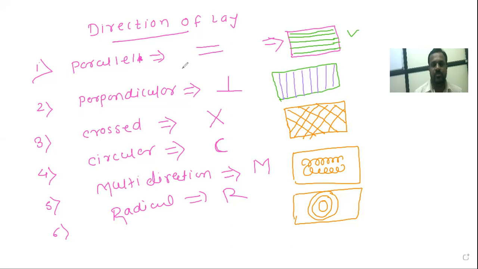So, now we'll take the next point. Our next point is types of dimension. Okay.